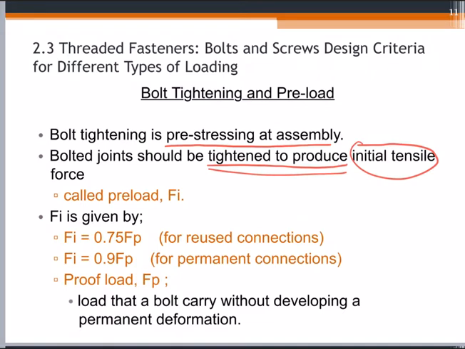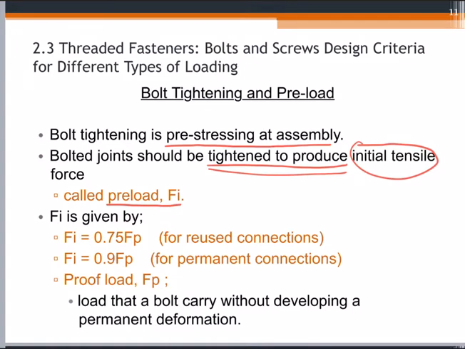So this bolt tightening, or the pre-stressing at assembly, is usually done when we want to fasten a bolt or other types of threaded fastener. This bolt tightening can also be called preload, Fi. We can determine the value of preload, Fi, by these two formulas.